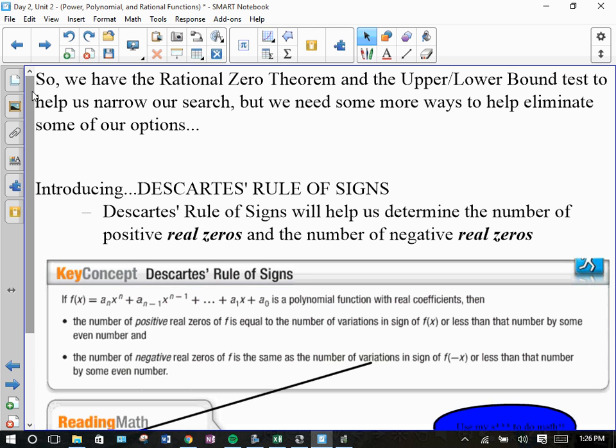Upper and lower bound tests tell us where these x-intercepts are going to occur between. It allows us to figure out, are there any x-intercepts above a given point? Are there any x-intercepts below a given point? Alright?